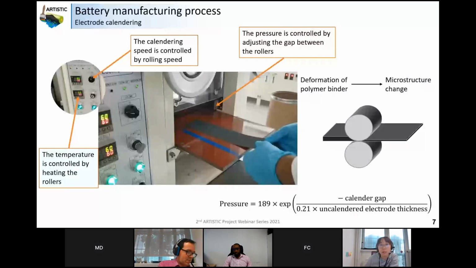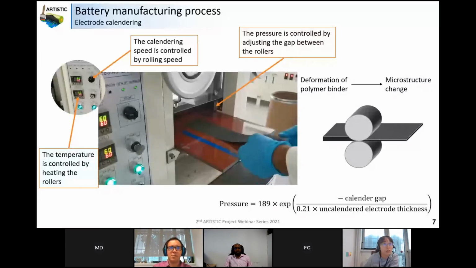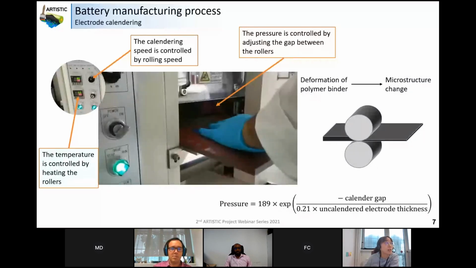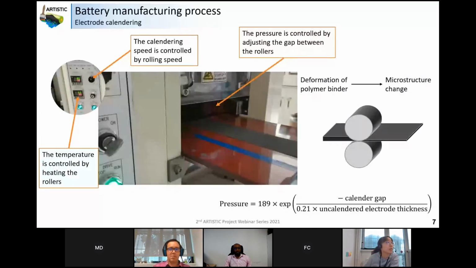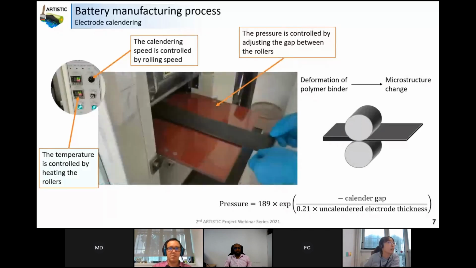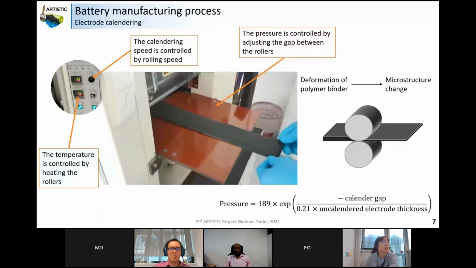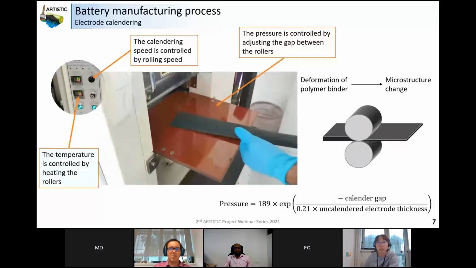For the pressure, we use this formula to convert the pressure to the calendar gap. So we change the calendar gap to adjust the pressure. Here we put the uncalendared electrode in the machine, and we can get the calendared electrode like this.